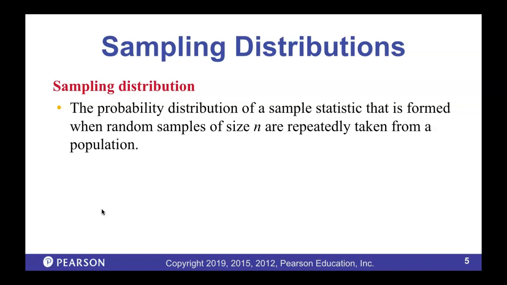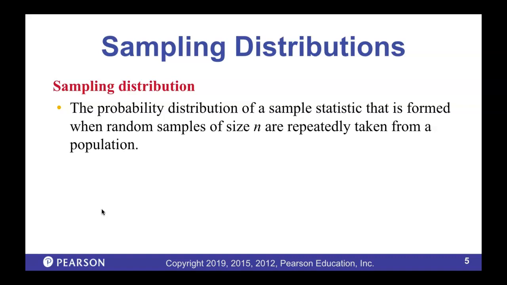But here's the thing. Let's say that I got a GPA of 3.8, okay? Your average came out to be 3.8. And I'm thinking, that sounds a little too high. So I'm going to go and take another sample of 25 from my pre-calculus class. Same size, 25 students, from my pre-calculus students.